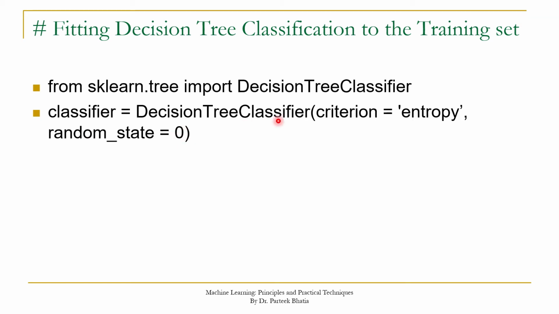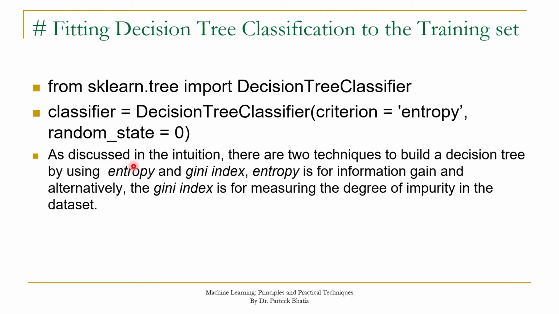Let us discuss the importance of these parameters. As we have discussed in our previous sessions on decision tree, we know that decision tree can be built by using two techniques. One is entropy and second is Gini index. So we can specify the criterion for building our decision tree by using this parameter.